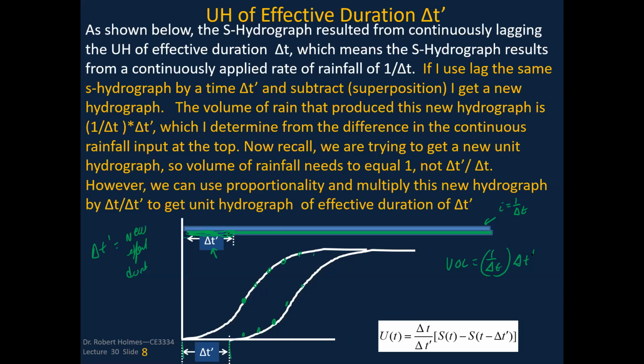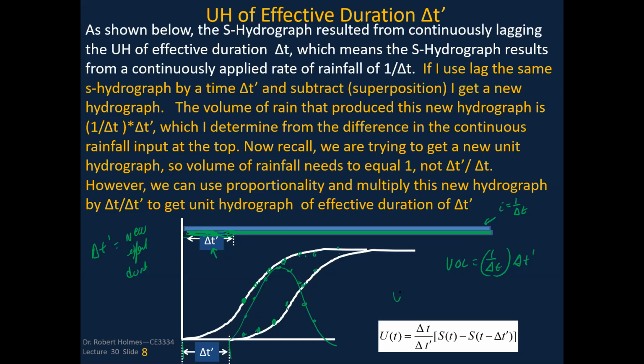And then, because I know that I've got this hydrograph, which I drew in green here, that's basically subtracting these ordinates from one from the other to get this value of this hydrograph. Now I'm going to take each one of these ordinates on this new hydrograph in green here and divide it by the volume.